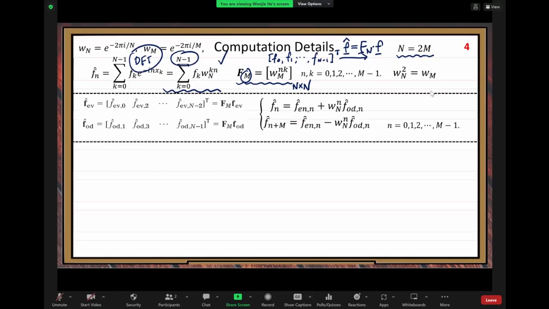That's the idea. That's the reason we need to consider an even number of sampling values. Then the W definition, you can see here, we have the relationship, one version for N, one version for M.